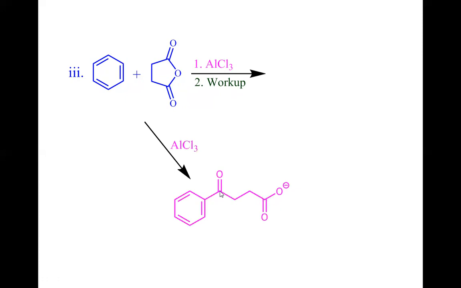And these 4 carbons, 1, 2, 3, and 4, must have come from this succinic anhydride. And then after the workup, we will have this carboxylic acid. Overall, we have the 4 carbons attached to benzene. Obviously, they have come from the succinic anhydride, and this first carbon is ketone, and the last carbon is carboxylic acid.